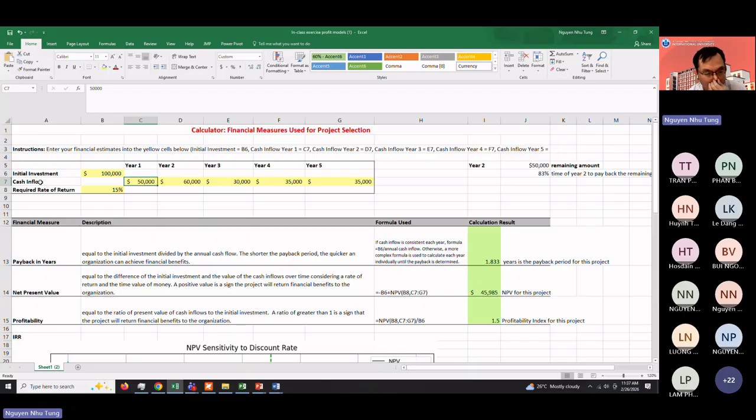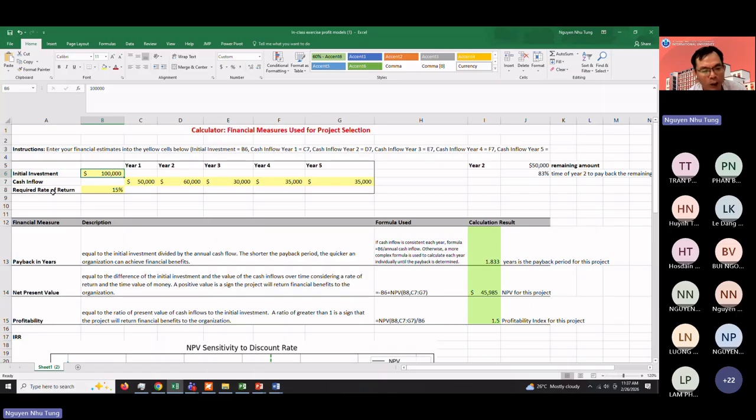Each year you have a cash flow. You can see cash flow each year is not equal. It's not the same. So it makes you use a different method to calculate the payback period, how many periods to pay back 100,000.